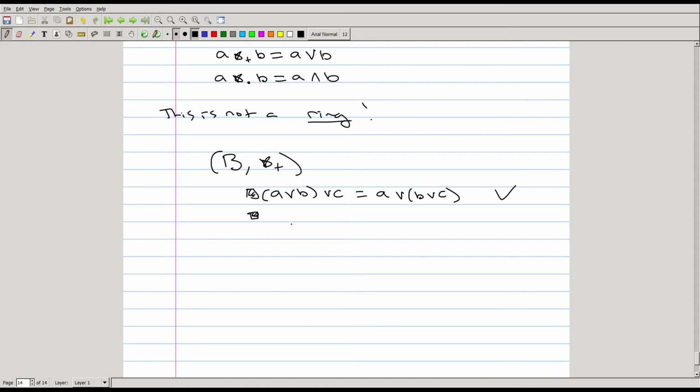We have an identity element, 0 or A is equal to A or 0, which is equal to A itself. So we have associativity, and we have the existence of an identity element, namely 0. We also have commutativity. For any two elements in the set, A or B is equal to B or A.